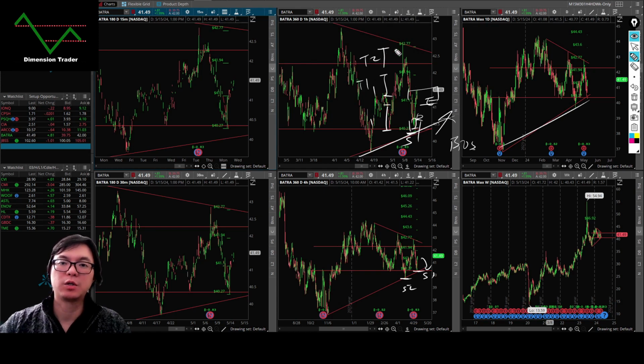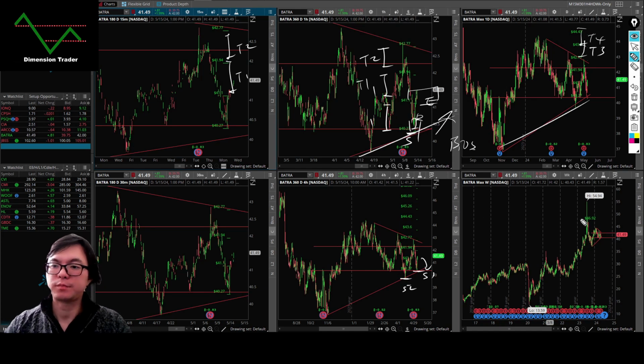Third, you are always aiming for risk and reward 1-to-1 for your target 1 position. Up here, target 2. So we have the short term target 1, target 2, and midterm we have target 3 or target 4. Long term, we might have target 5, target 6, or even target 7.